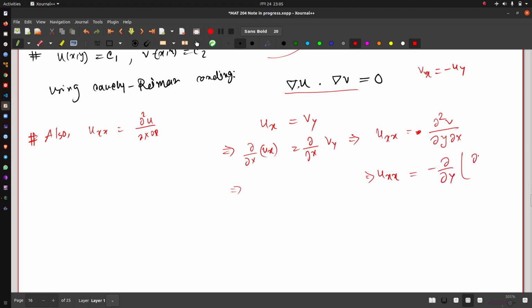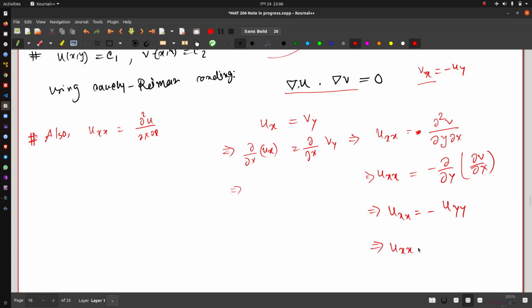What you have over here is vx, the first derivative of v with respect to x, but you can replace it with minus uy. So what you have ultimately is minus the second derivative of u with respect to x, and you get the second derivative of u with respect to y as well.